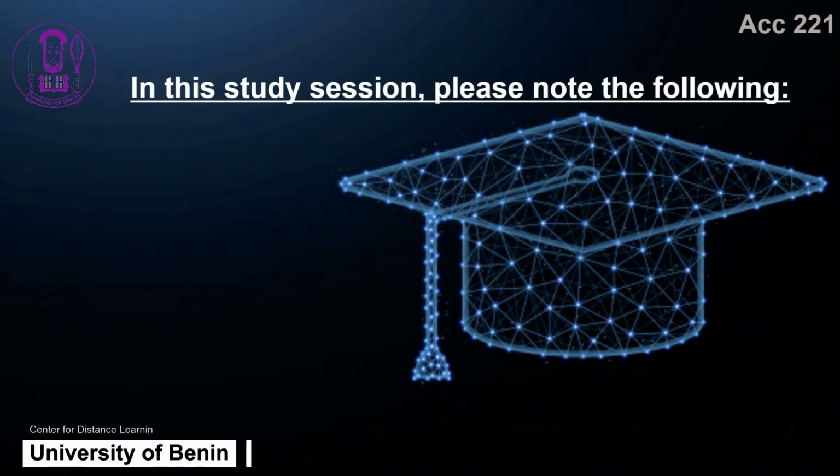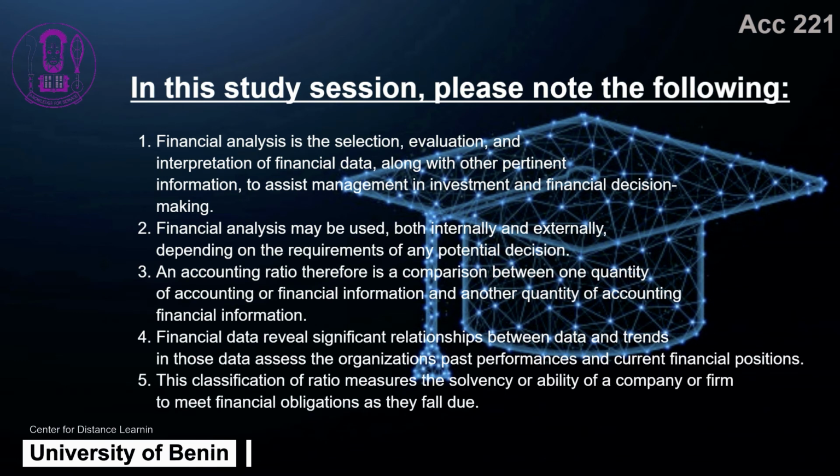In this study session, please note the following. 1. Financial analysis is the selection, evaluation, and interpretation of financial data, along with other pertinent information, to assist management in investment and financial decision-making. 2. Financial analysis may be used, both internally and externally, depending on the requirements of any potential decision. 3.